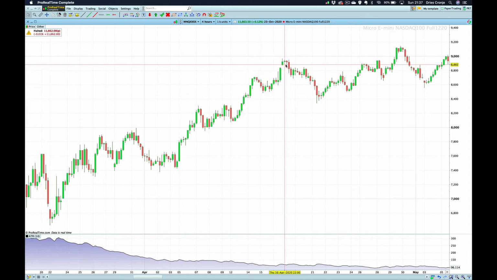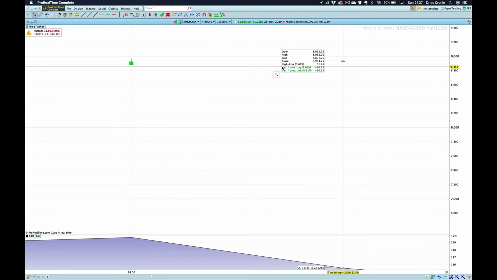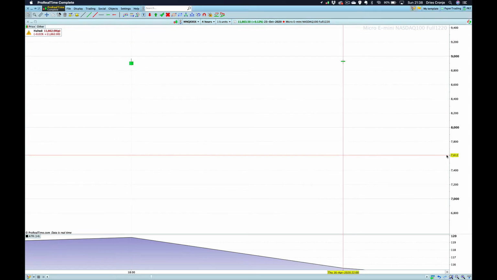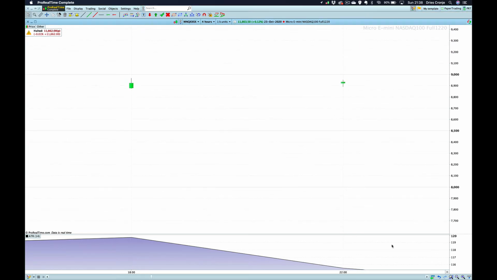So this red candle over here, obviously a red body means the close. Maybe let me zoom in a little bit. That's very, very zoomed in.